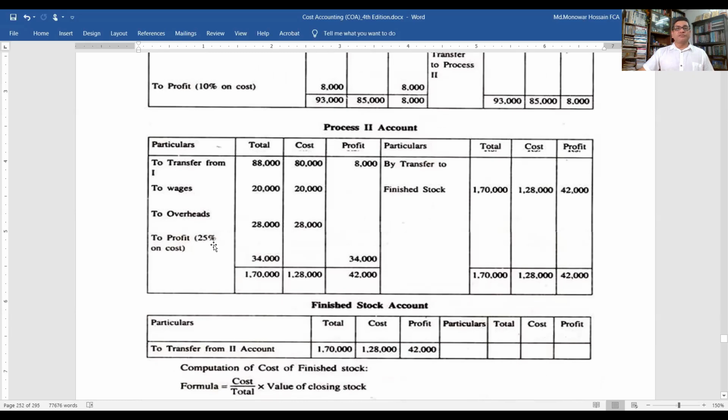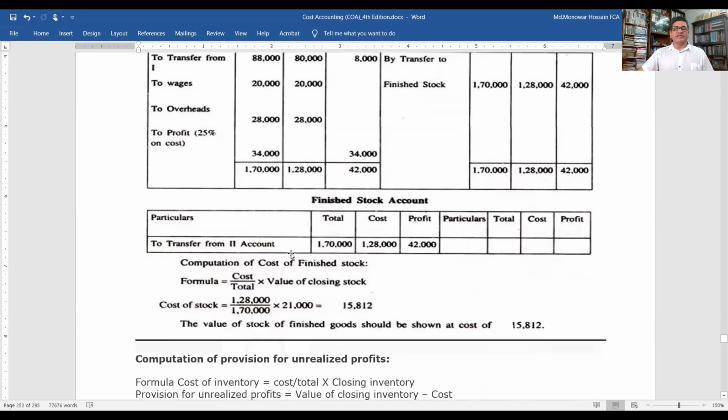So here 25% on cost is the profit within the department. The finished stock transferred to finished stock is 1,70,000. So in the finished stock account, transfer from process 2 is 1,70,000. Here the cost is 1,28,000 and the profit 42,000.